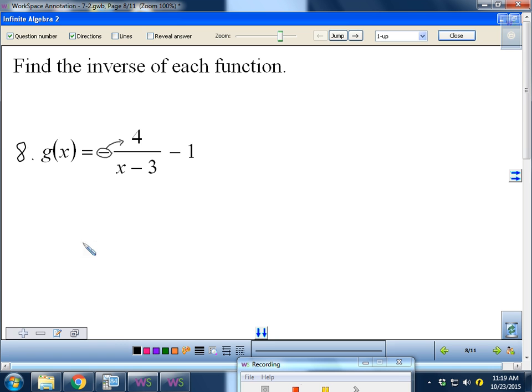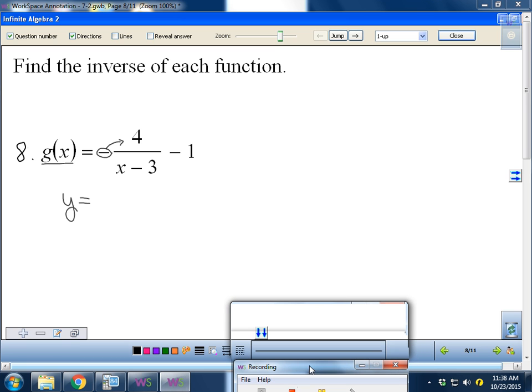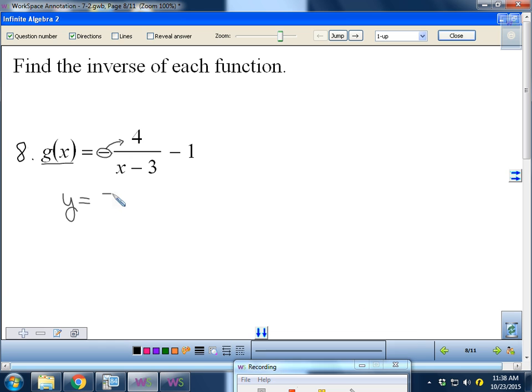You don't put it with the bottom because that's just improper half the time. So put it with whatever is on the top. So go ahead and replace this g of x with a y. And then rewrite this with a negative 4. Okay. So we're going to go ahead and put that negative on top. And keep everything else the same.